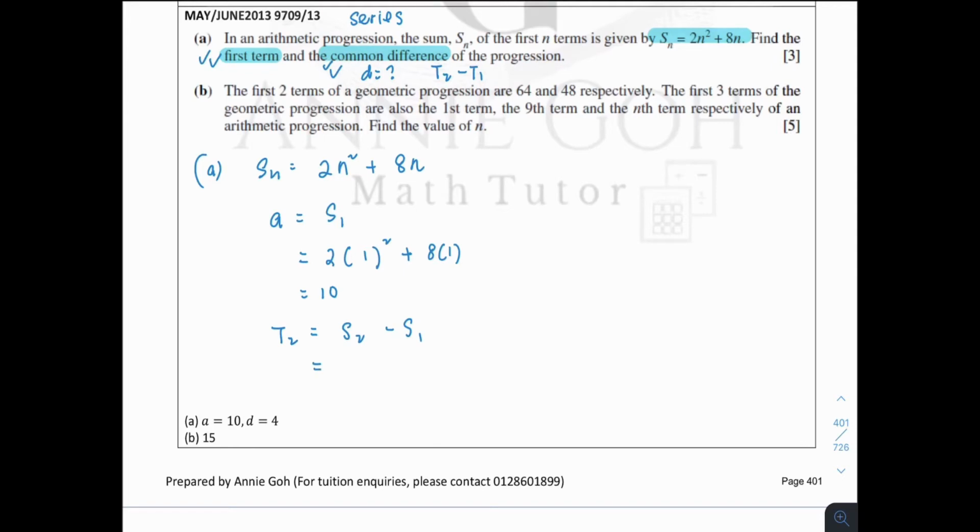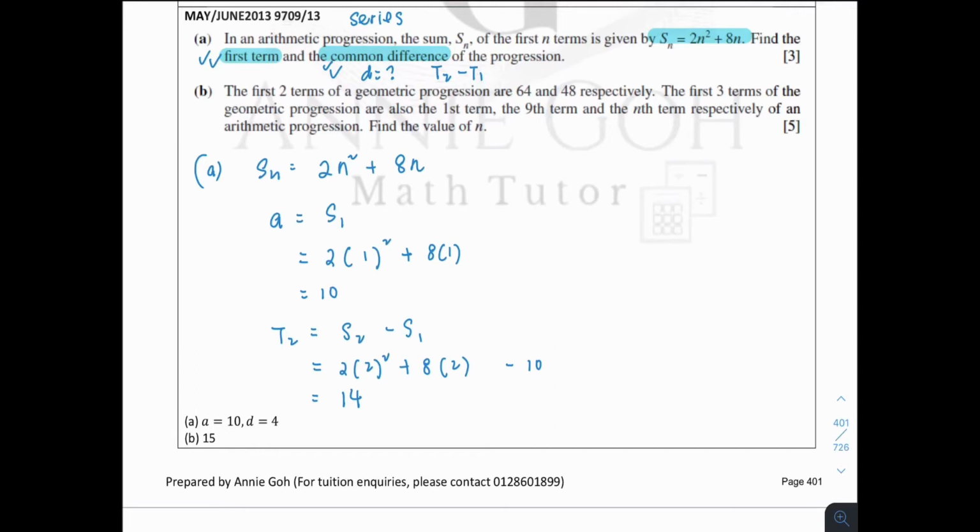So to find S2, you just substitute 2 into this general formula for Sn, which is 2 times 2 squared plus 8 times 2, and minus the first term, which is 10, which means the second term is 14.